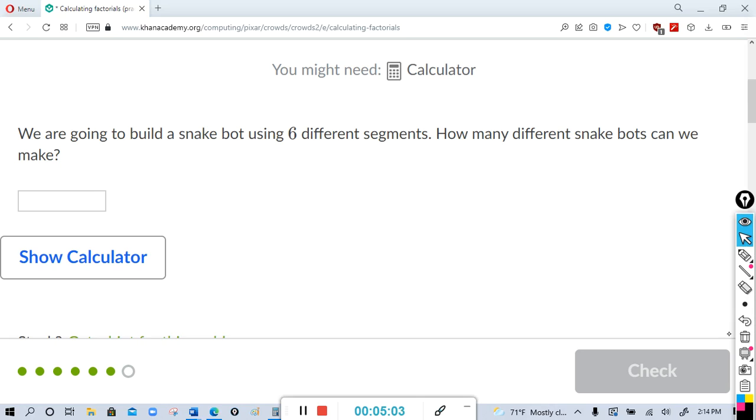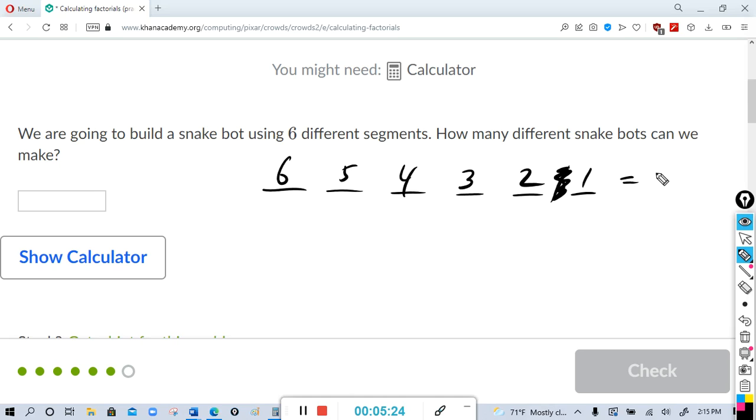We're going to build a snake bot using 6 different segments. How many different snake bots can we make? We already did one just like this. You have the 6 spaces. It's just 6 times 5 times 4 times 3 times 2 times 1, which is the same as 6 factorial.